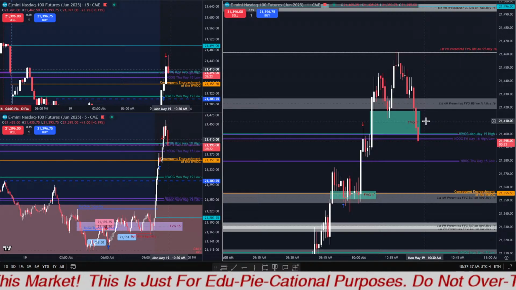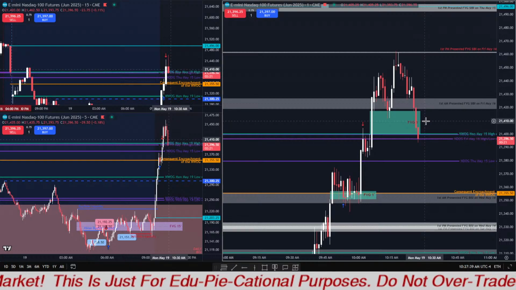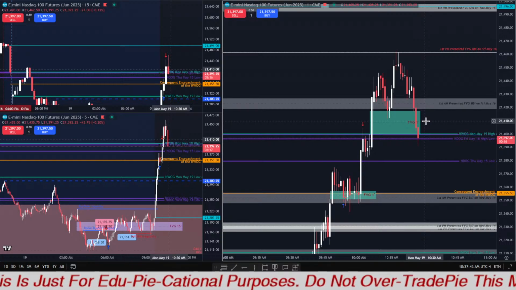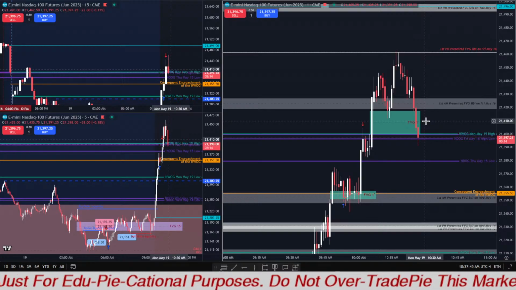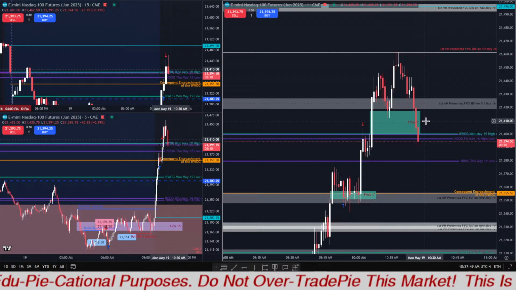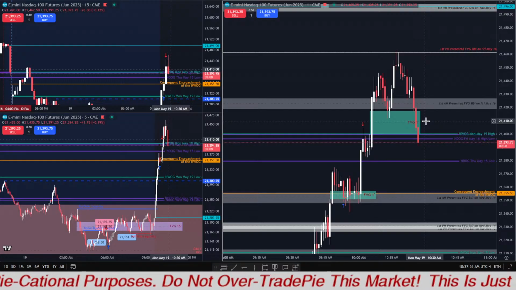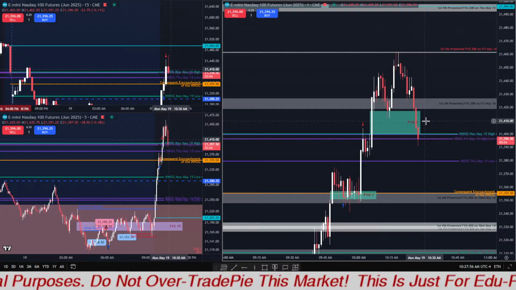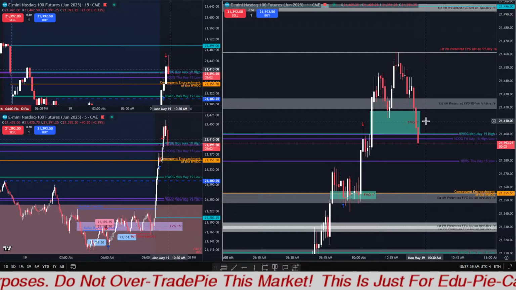Note that when I say closing below the fair value gap, I'm expecting to see a big candle closing below the fair value gap, not just by 2-3 handles. I require it to close with quite a good distance.